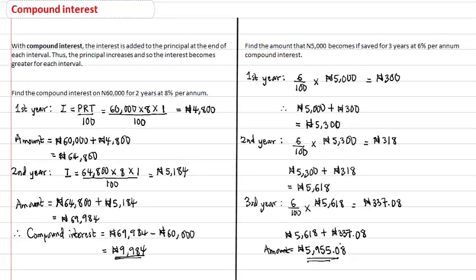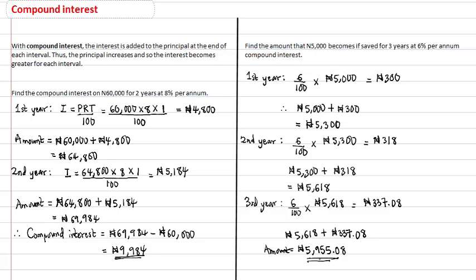If we were asked to find the compound interest, we would subtract the initial 5,000 from this amount. For the first example, the question said to find the compound interest, so that's why we subtract the final amount of the second year from the initial principal. That's how we get the compound interest. But this one requested just the amount, so we stop here.